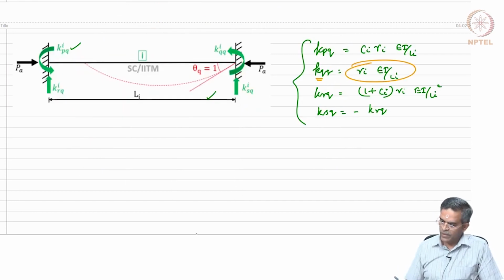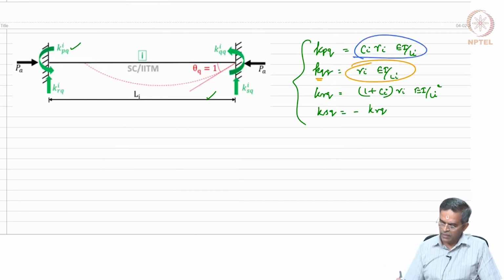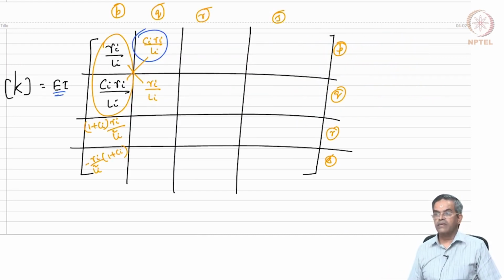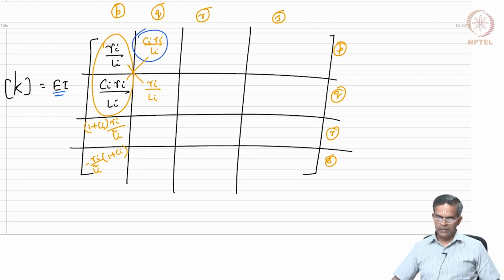Let us see here. KPQ is Ci Ri Ei by Li, okay. So, I am doing the same thing. I am making you to easily remember this equation, that is what I am trying to do, okay, similar to what we wrote in the beam analysis.